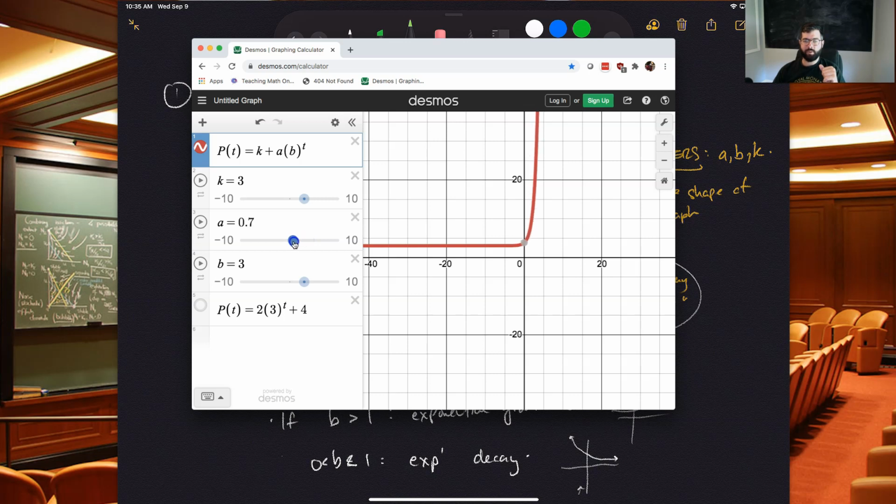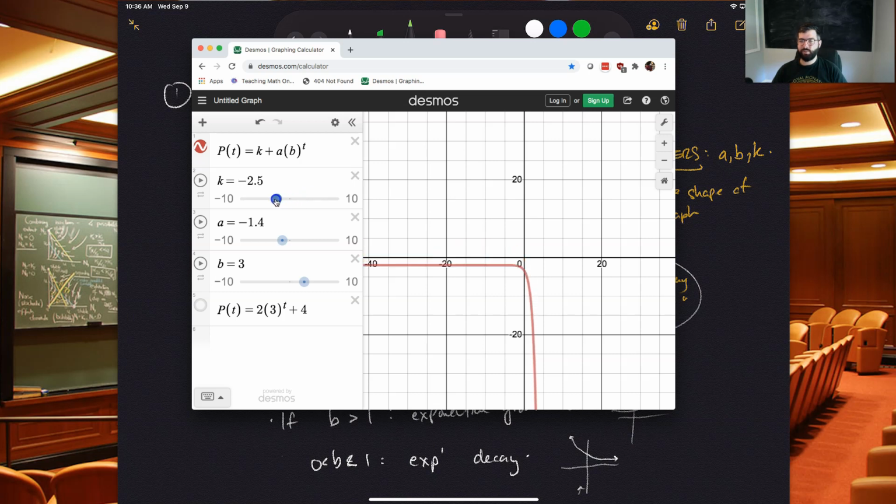You'll notice something happens when I flip a to become negative. It's now growing in the negative direction. And again, think about it. If my initial value is negative 1.4, and then I keep multiplying that by 3, bing, bing, bing, it's going to be hugely negative. Even if k starts off as a positive number, it's going to accelerate in the negative direction.